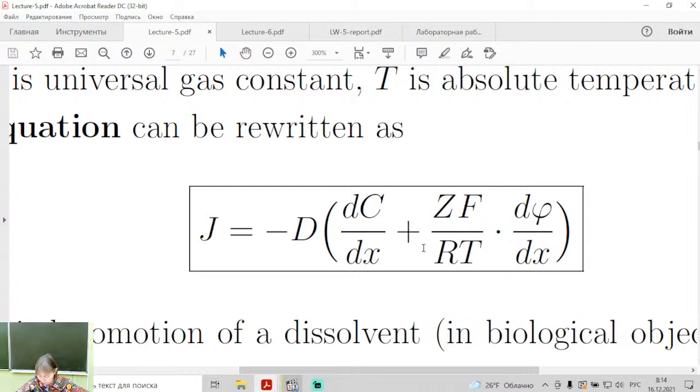Electroosmosis is the locomotion of a dissolvent in an electrical field if molecules of the dissolvent are charged, or owing to the osmosis, accompanying locomotion of dissolved charged particles. Abnormal osmosis happens in the presence of both a concentration gradient and conditions for electroosmosis.